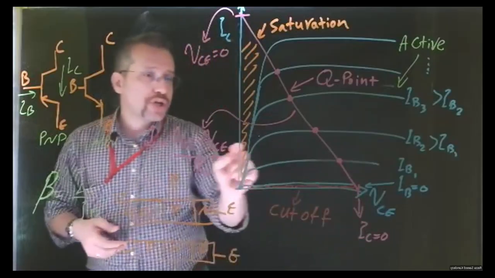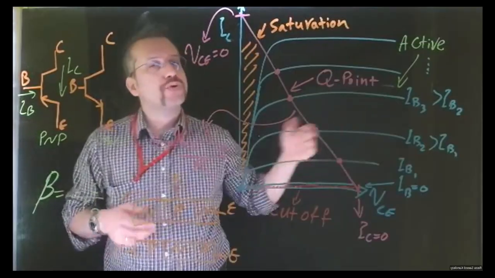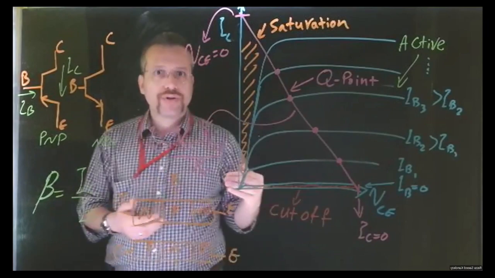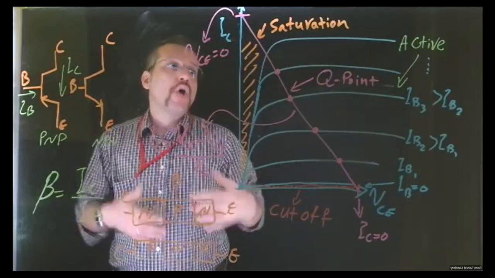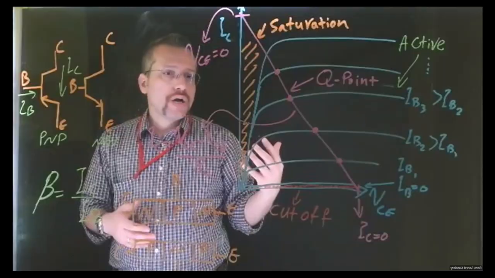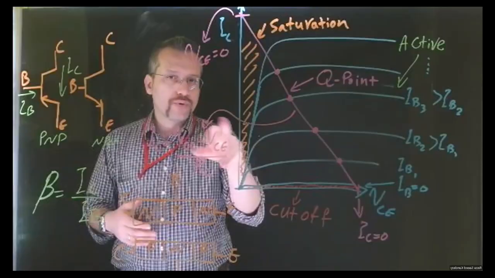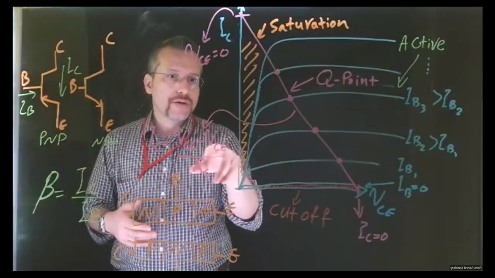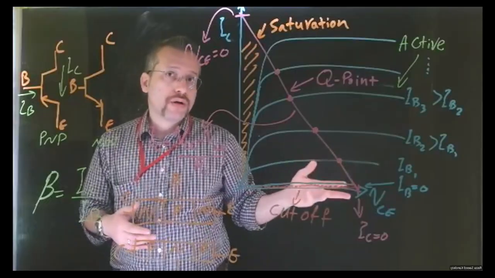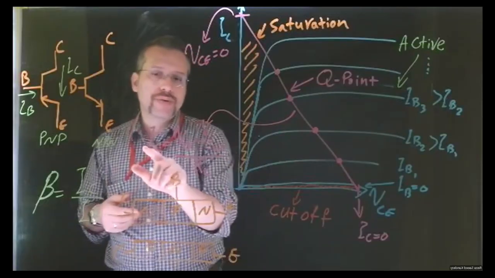Either the voltage between the collector and emitter is our output, so we want a certain voltage between the collector and emitter, or we want the current. Normally we don't care about the voltage between the collector and emitter as an output. Mostly the output of our system is going to be the collector current.